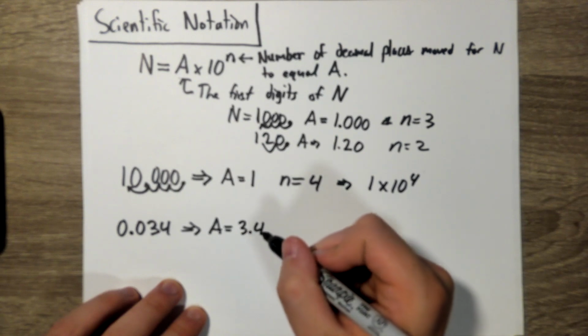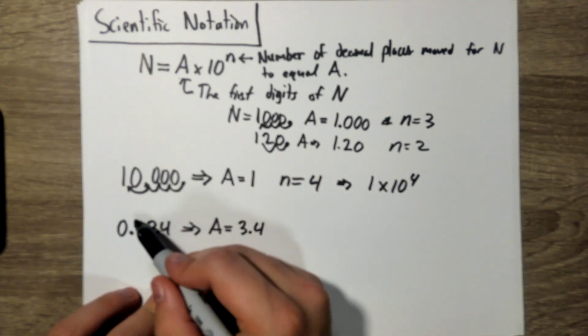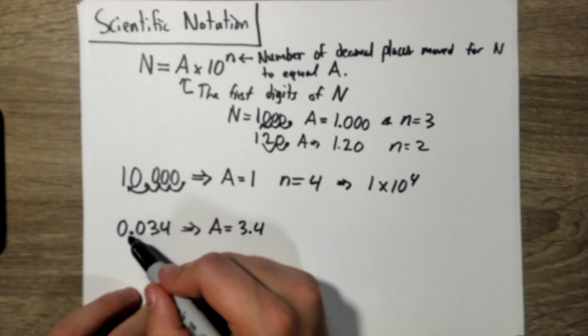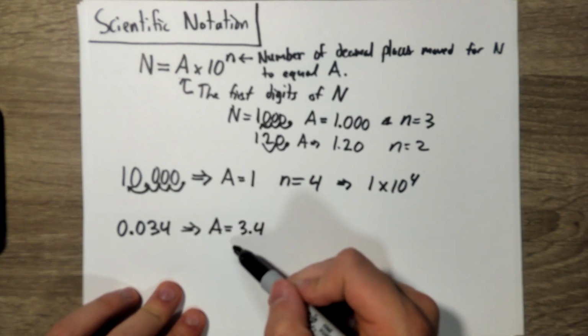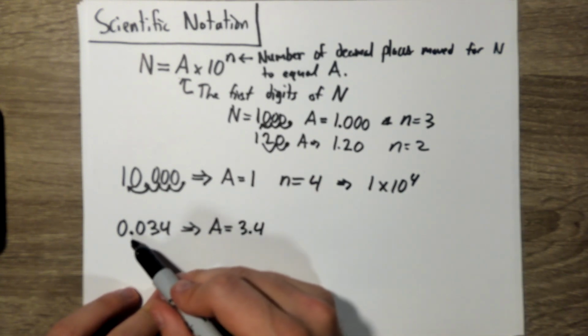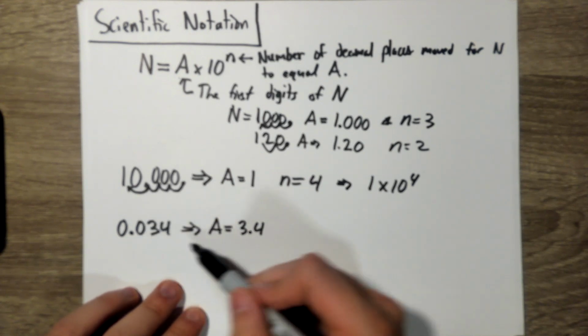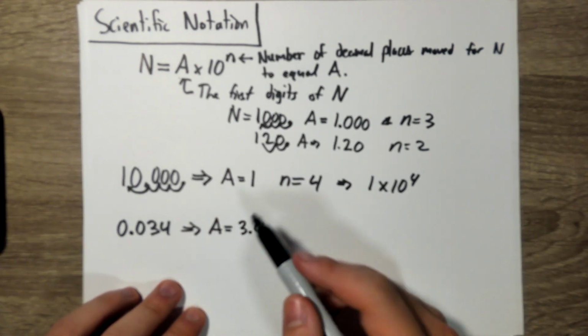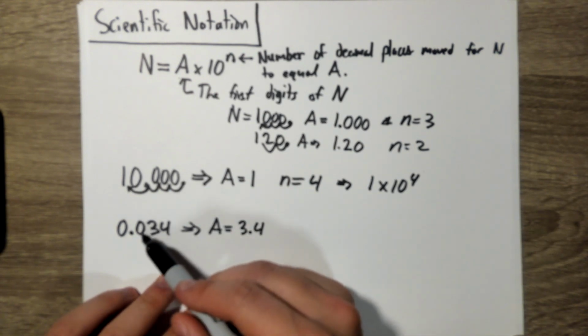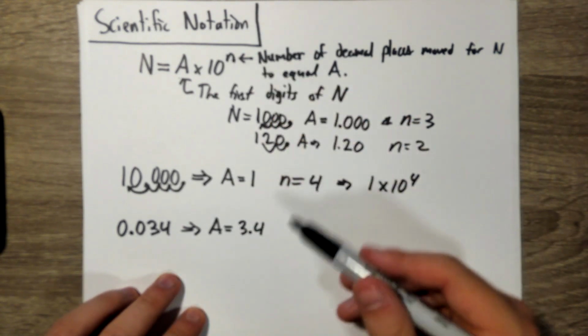And can you see how I got that there? We don't want these leading zeros to be the first digits, or A. We want to express it simply as the non-zero digits in that value. And then we can cover those decimal places with that exponent.